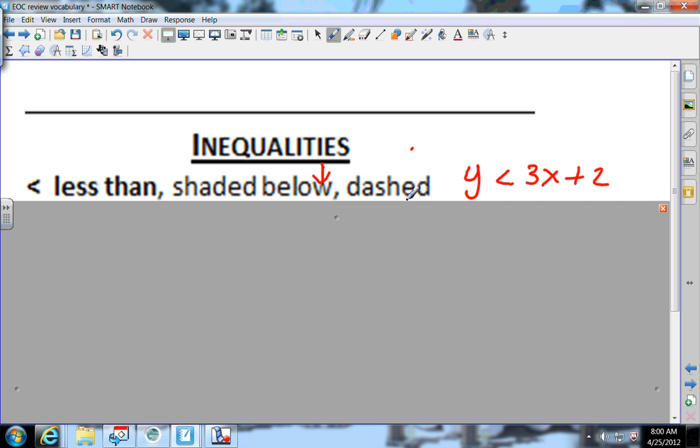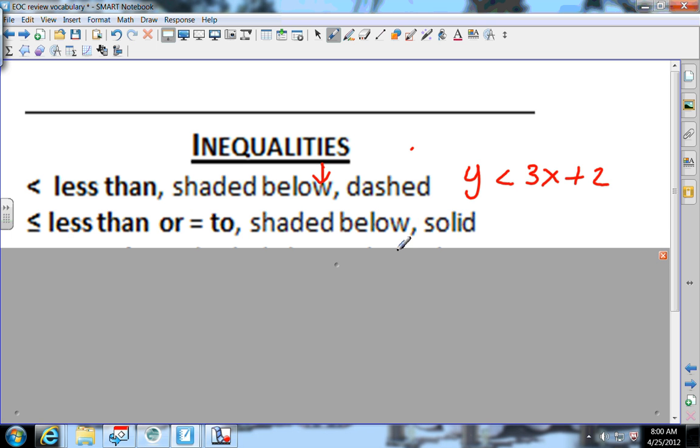Now, if this is confusing to you, you better star and highlight and say that you need to go over and find the videos and we need to review on inequalities. Okay? The next one, for example, I have y is less than or equal to 3x plus 2. On this one, everything on the line is a solution.